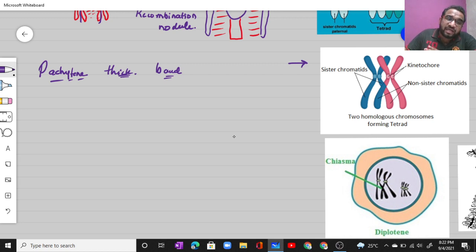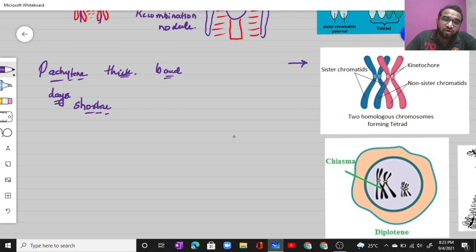The cell can remain in this stage for many days, not only a few hours. The chromosomes are paired and occur in synaptonemal complexes, as we have already studied. The paired chromosomes are bivalents, and they shorten up over here. Their length gets shortened and they become thick.